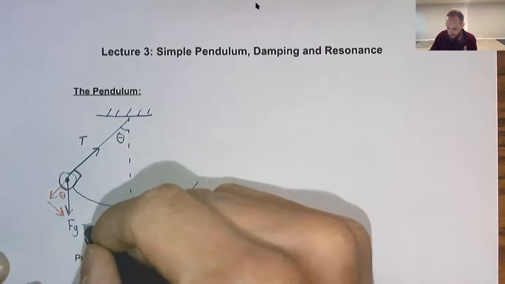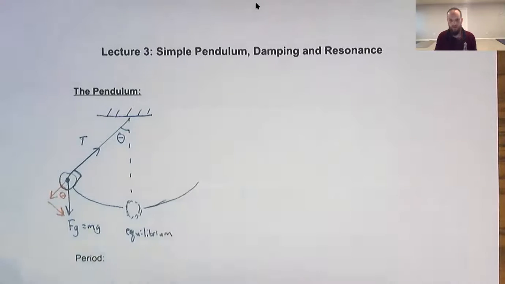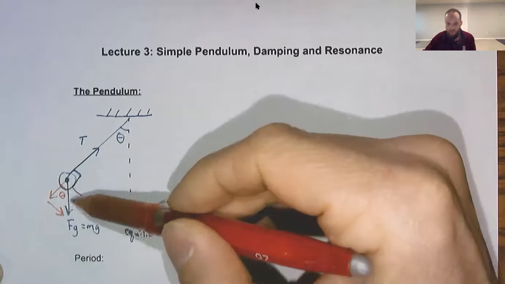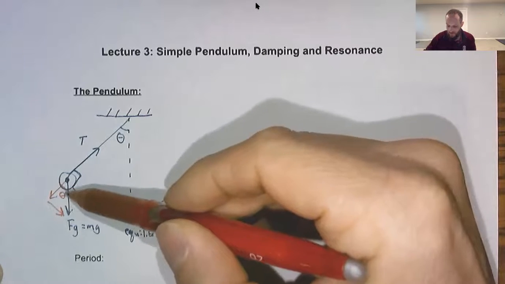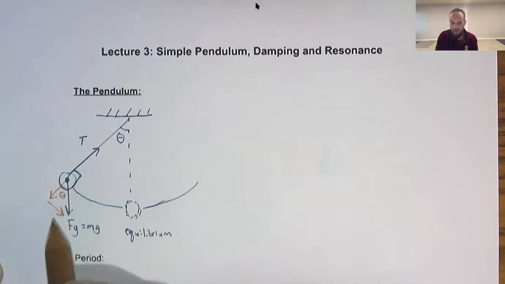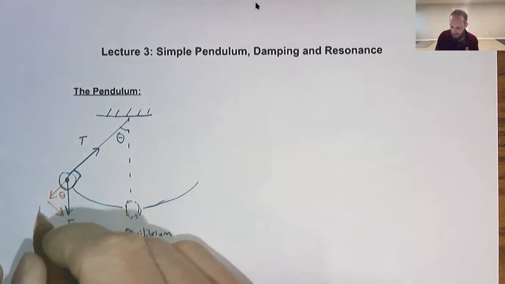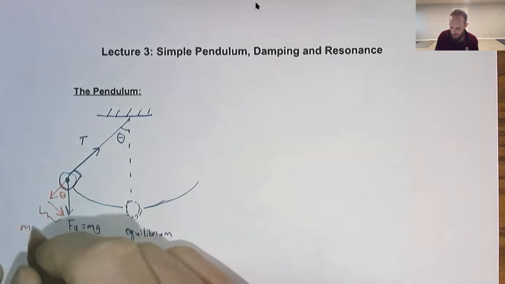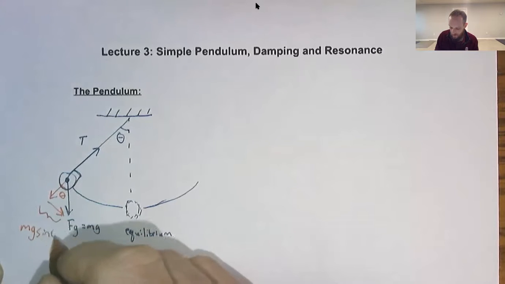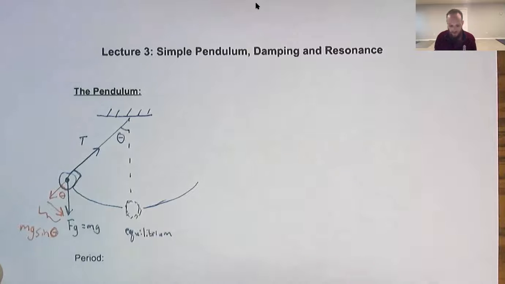The force of gravity is just the weight of the pendulum, so that's going to be equal to mg. You can see that I have a little right triangle here, the hypotenuse being mg, this angle being theta. So it's the opposite side from this. So the side in question, mg sine theta, is the component of gravity pulling me back towards equilibrium.